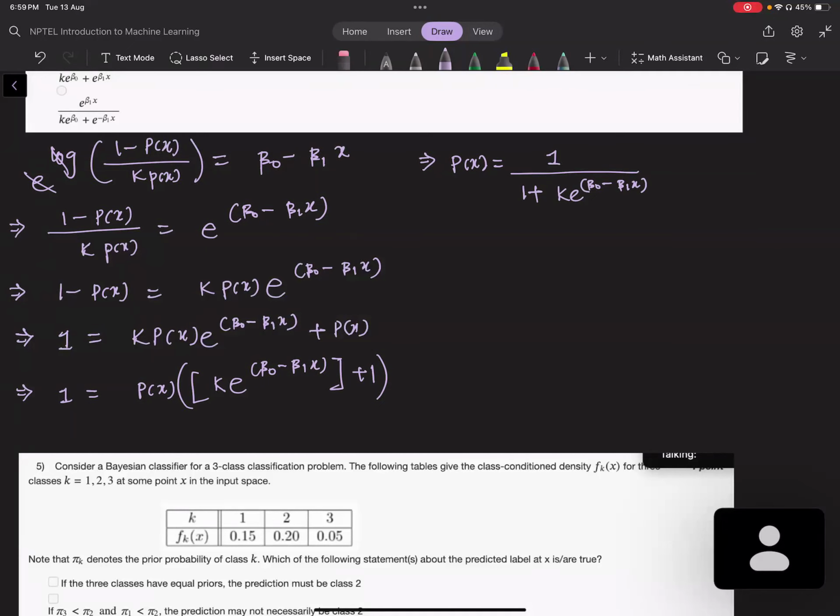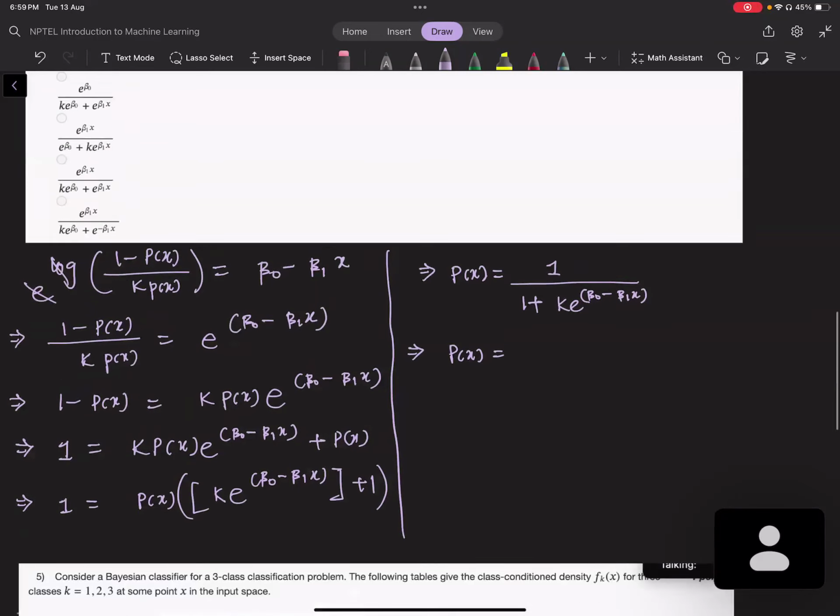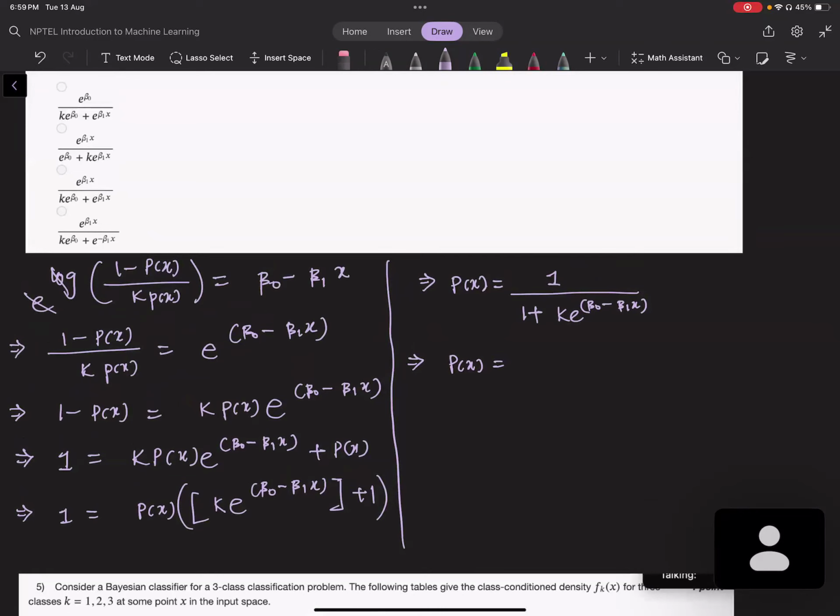Okay, and p of x will be equal to, let me see the options. Yeah, so it will be 1 by 1 plus k e to the power beta 0 by e to the power beta 1x.